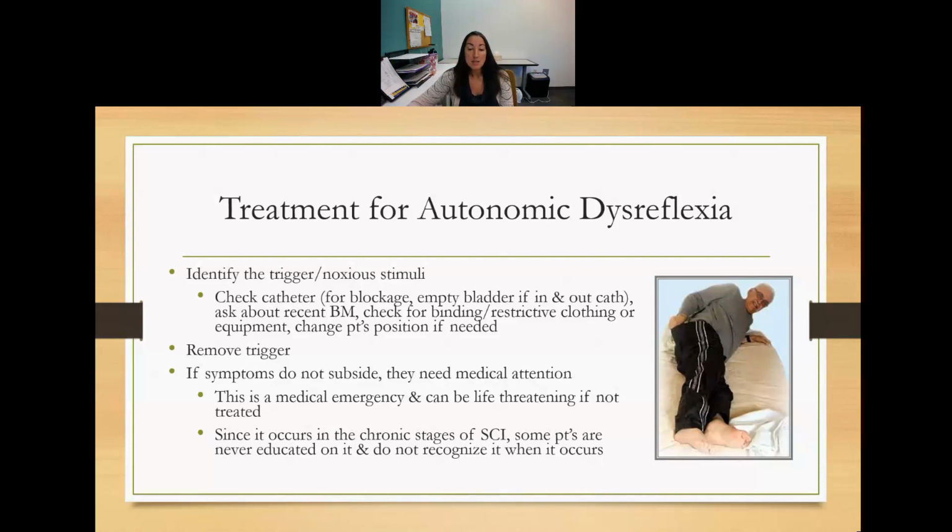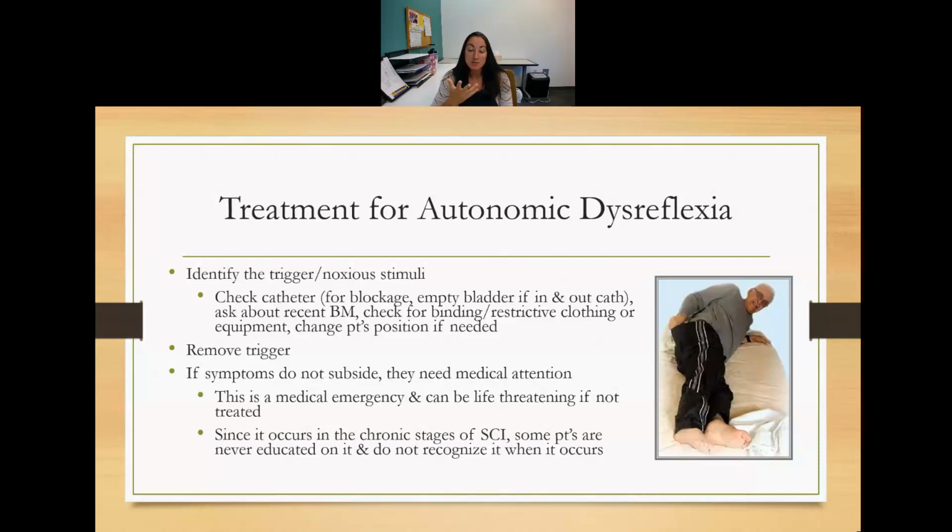And the thing about it is it typically occurs at least 3 to 6 months after a spinal injury. So that's when it might begin happening. It could be a year later. It could be a while after an injury that something is painful or is irritating below the level, and then their vitals go out of whack.